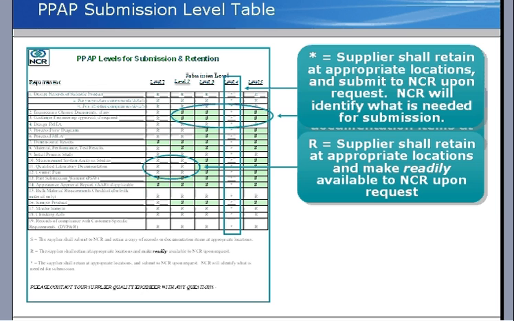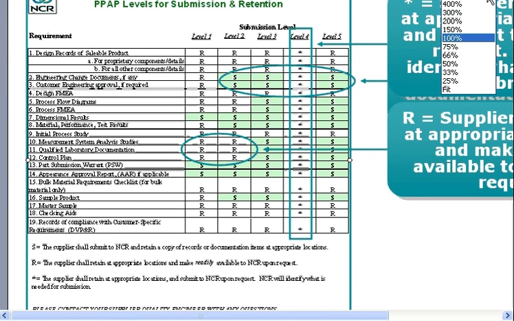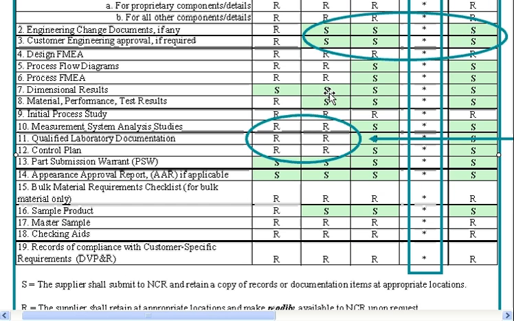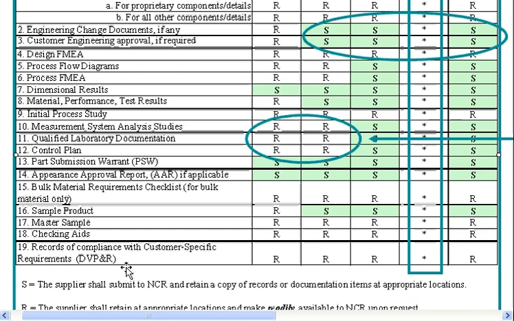Okay, and this table gives some more details for what documents should be needed. As we said, it's 18 documents, with actual document records of compliance with customer specific requirements.